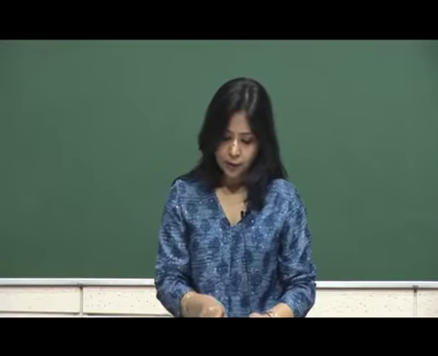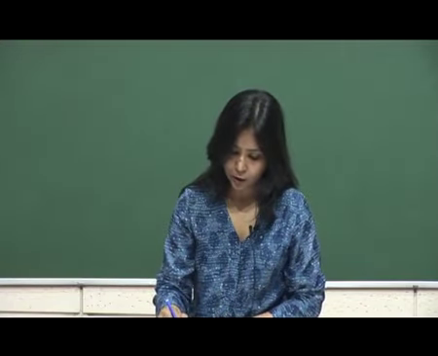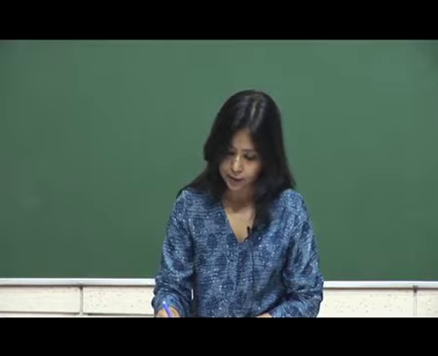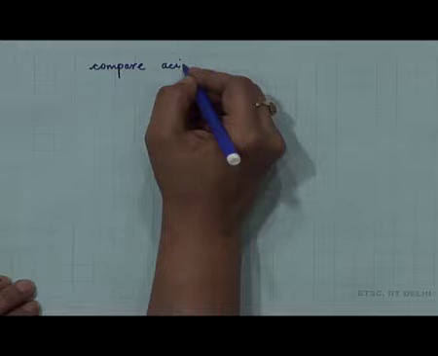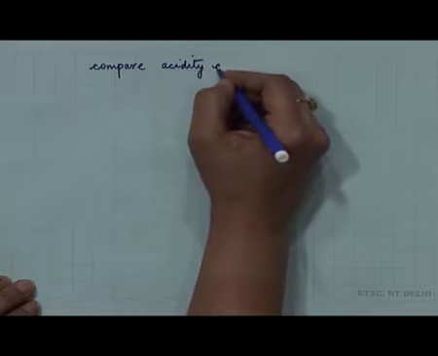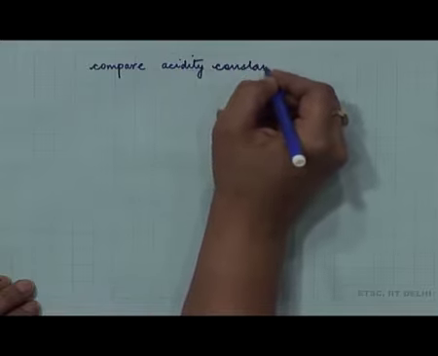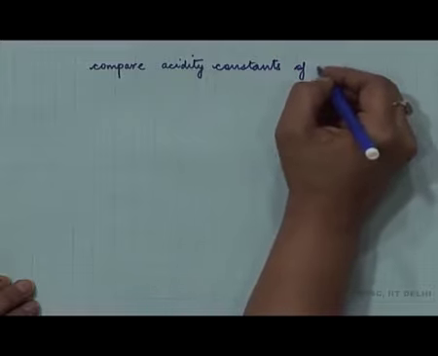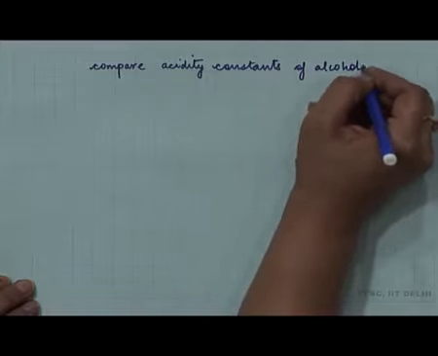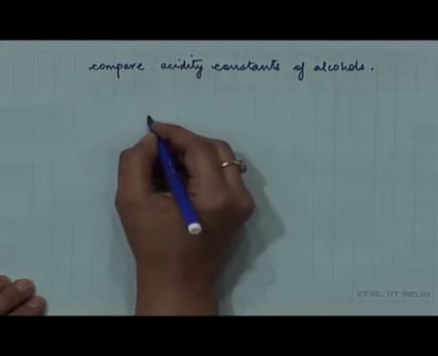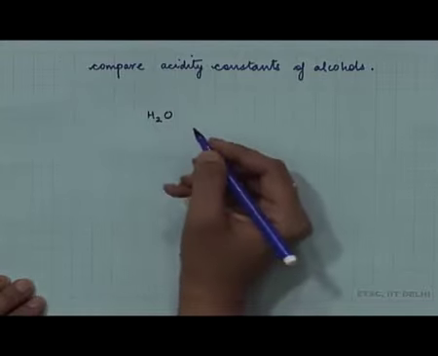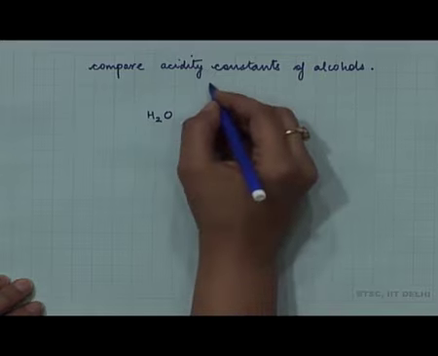Next, let us compare the acidity constants of alcohols with other molecules. Let us take the simplest of all, water, and see how they behave with respect to water in terms of their acidity.